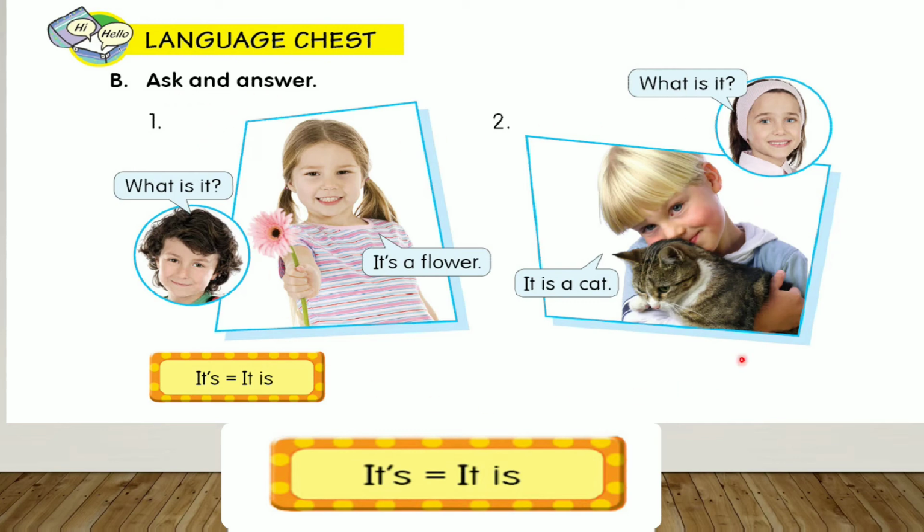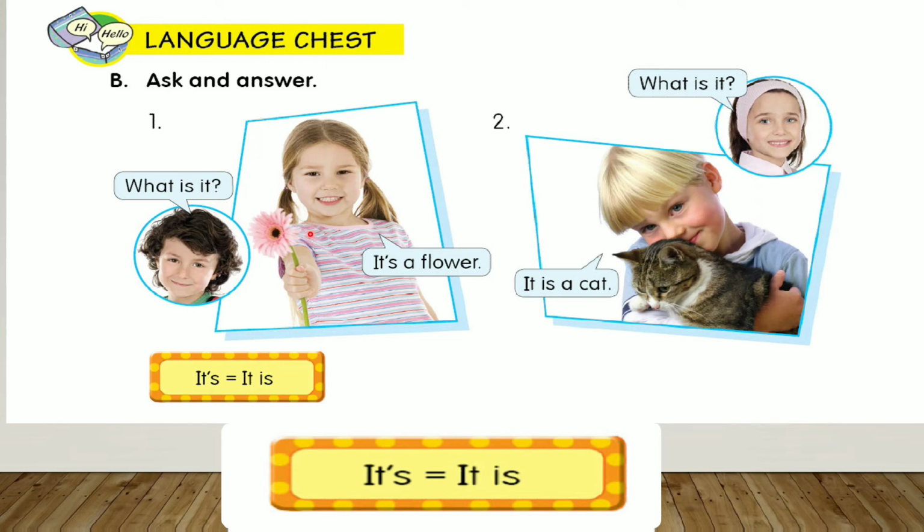When we look at this picture, we can see a bunch of kids asking each other questions and replying. When we look at picture 1, this little boy asks, "What is it?"